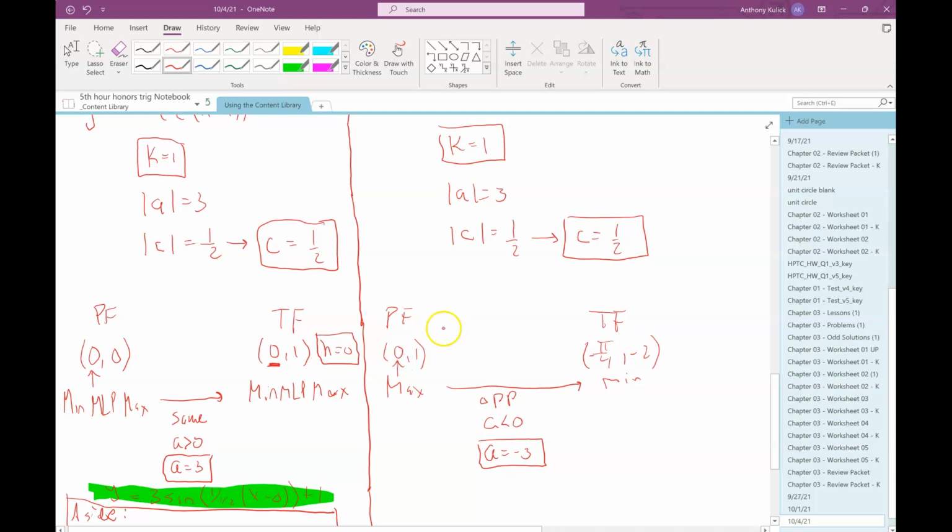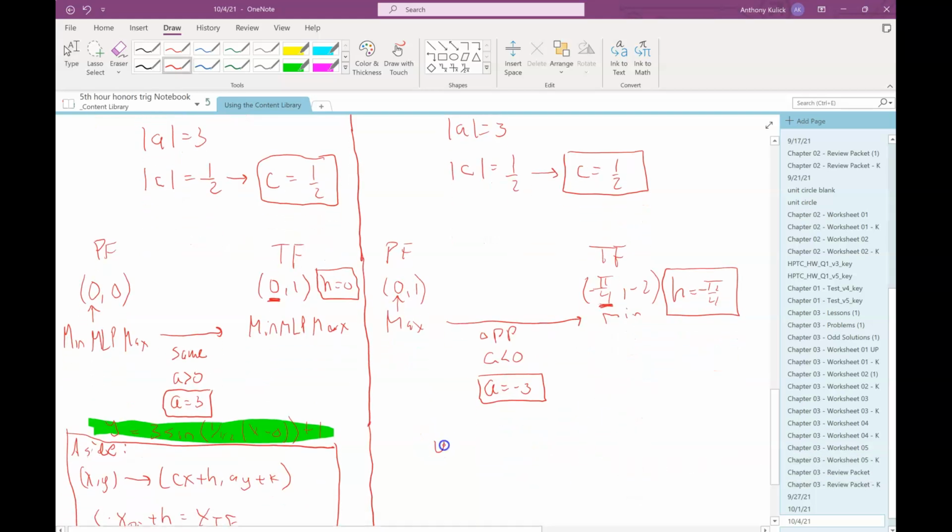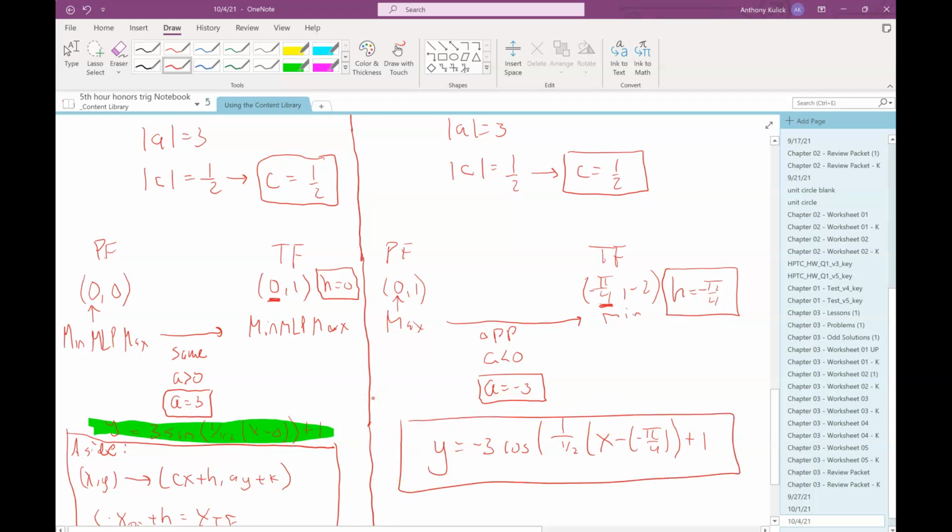Since the x-coordinate for my parent function is 0, the x-coordinate for my transformed function has got to be my h. So the h there has to be negative 4. And we're all done.